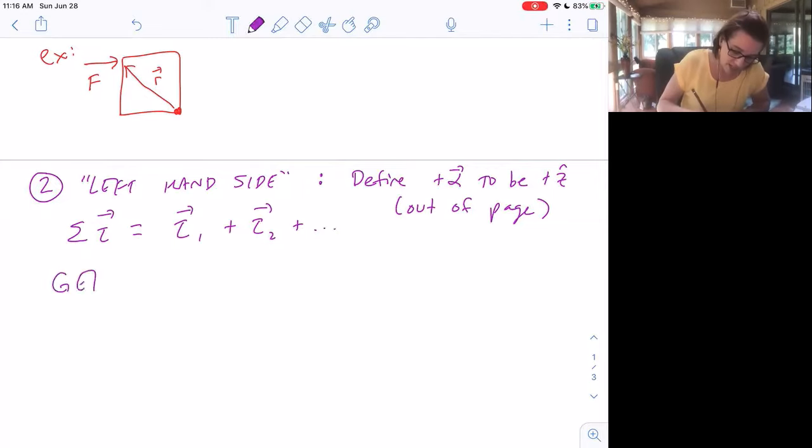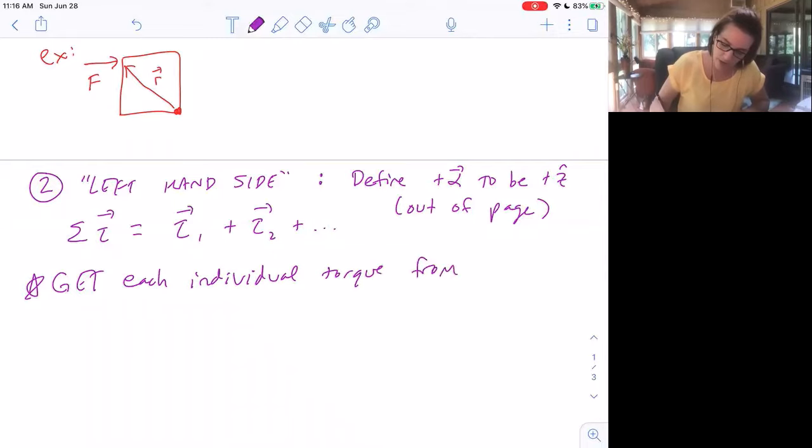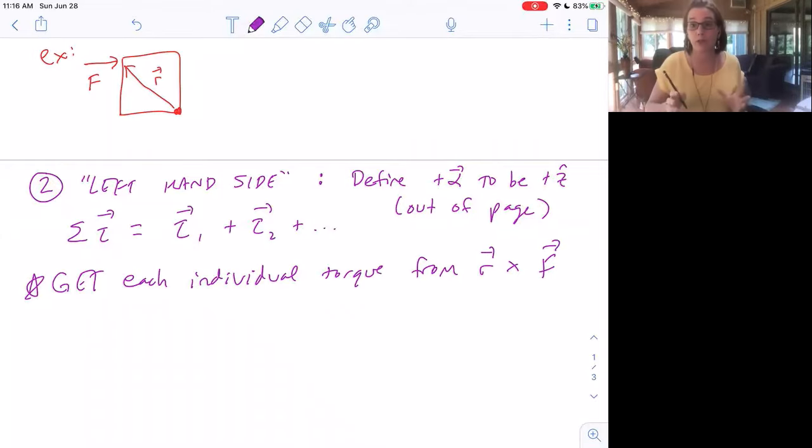And a key idea here is that I'm going to get each individual torque from R cross F, just like we've already done with torques.